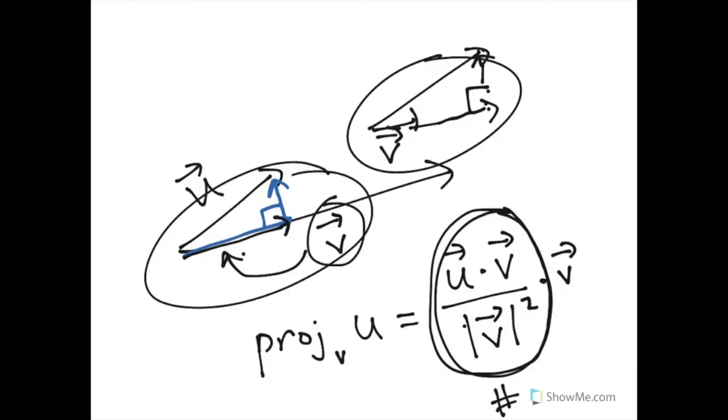I'm not going to go into every detail here, but I just want you to see what this is doing. This dot product is helping us create this fraction that ends up being a number that is going to scale v correctly, either make it bigger or shorter, so that we can have two vectors that are perpendicular that end up giving us u when we add them together.